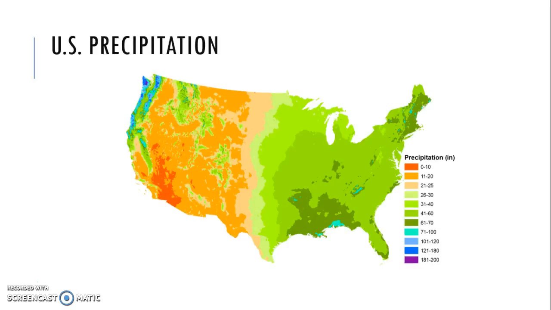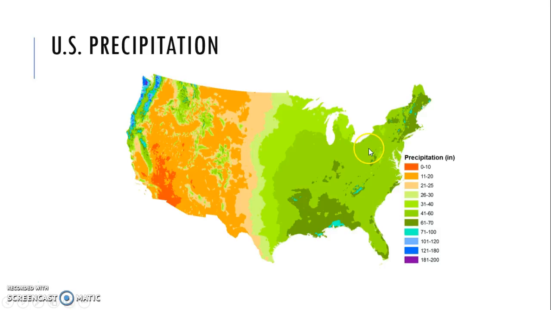Okay, one way to explain it is to look at a precipitation map. So here the green colors mean more precipitation, the orange or gold colors mean less precipitation.